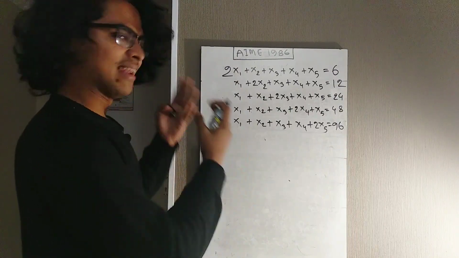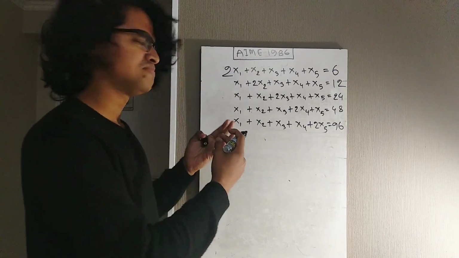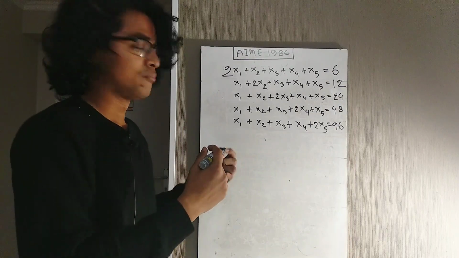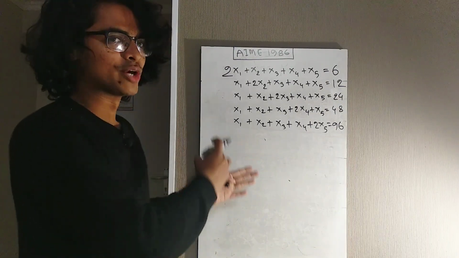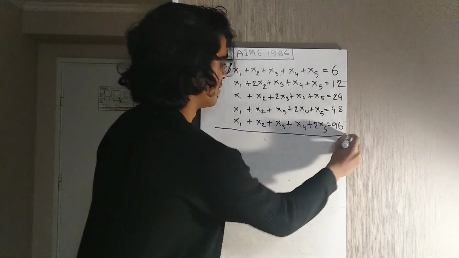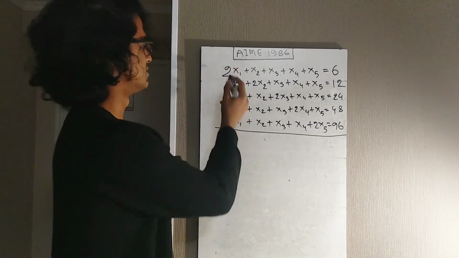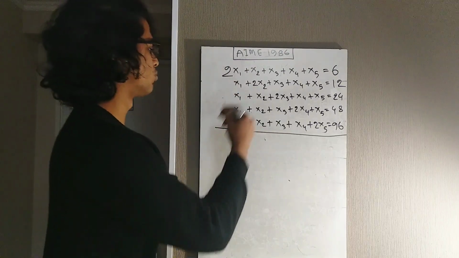So again, as you can see, there's some kind of symmetry, and using that symmetry, if you try different methods, you will probably stumble upon this method, and that is to add all the equations up. If you add all the equations, what you will get is 6x1 here, because there is 2x1 in the first equation and there are 4 more x1 in the 4 other equations.